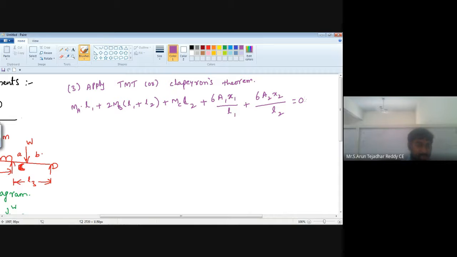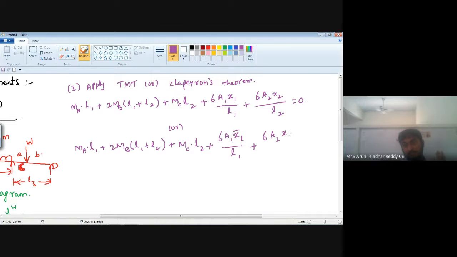So this is our TMT or Clapeyron's theorem equation, or else in place of X1 and X2 we can write it as MA L1 plus 2 MB (L1 plus L2) plus MC L2 plus 6 A1 XL bar by L1 plus 6 A2 XR bar by L2 is equal to 0.